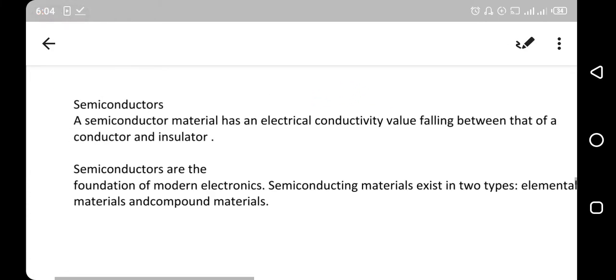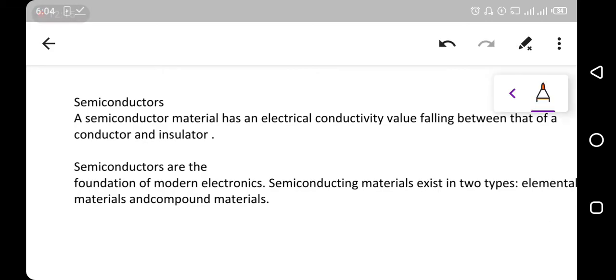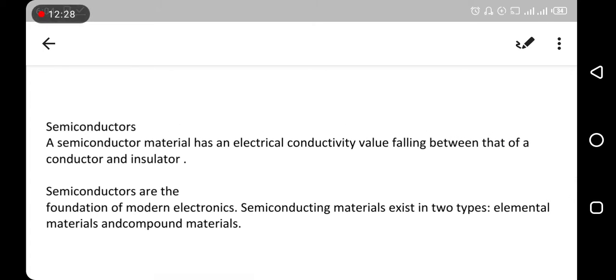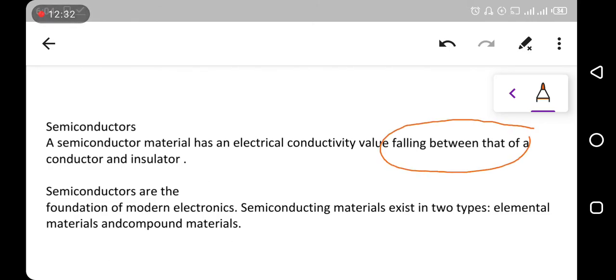So another thing to know is about the semiconductors. Semiconductors are materials that have an electrical conductivity value falling between that of a conductor and an insulator.